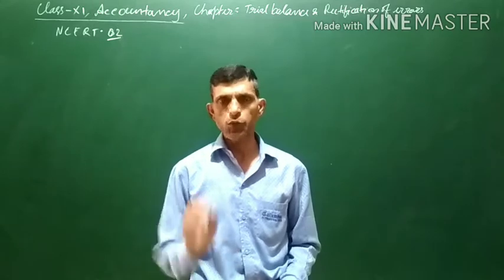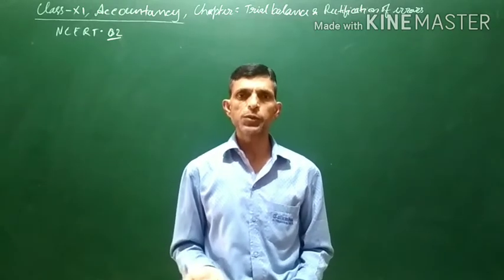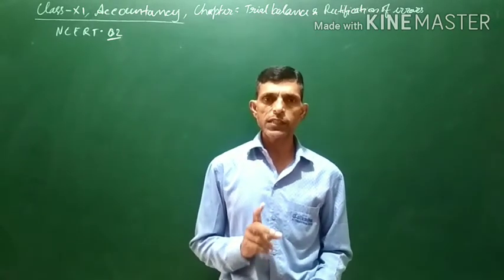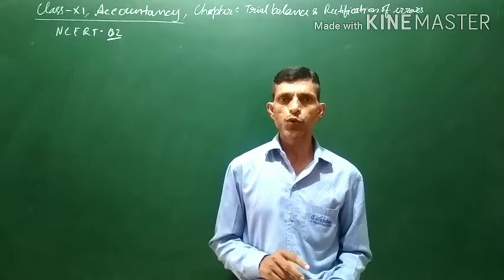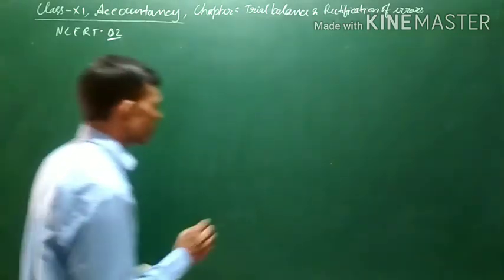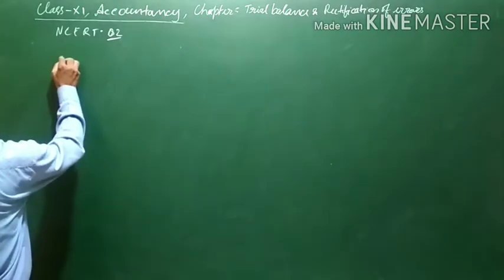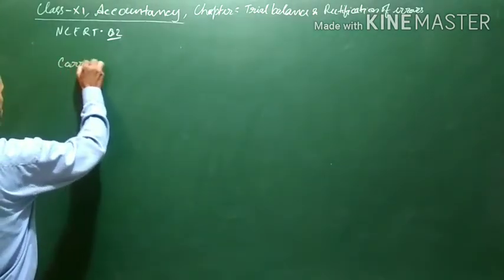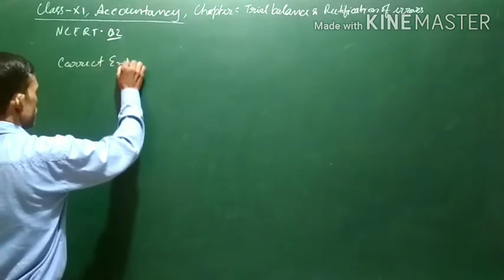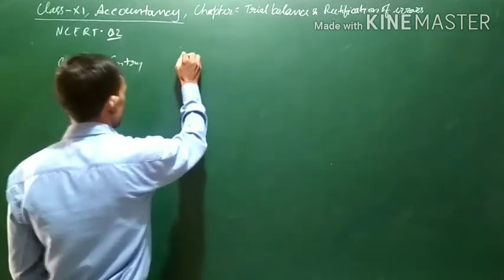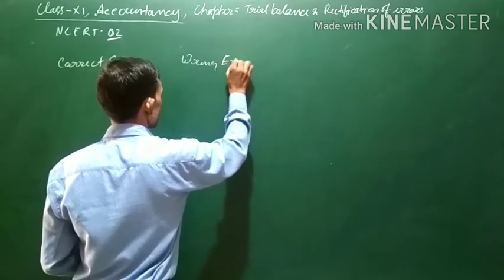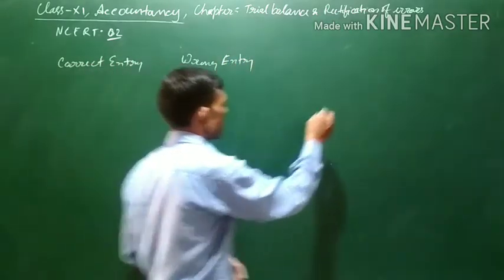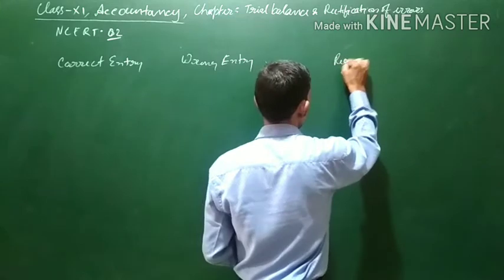Now if some wrong entry has actually been done, then in order to rectify the error, what we have to do is first of all draw 3 columns. First is the correct entry, then wrong entry, and then rectified entry.